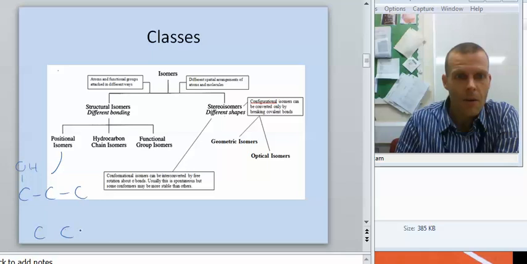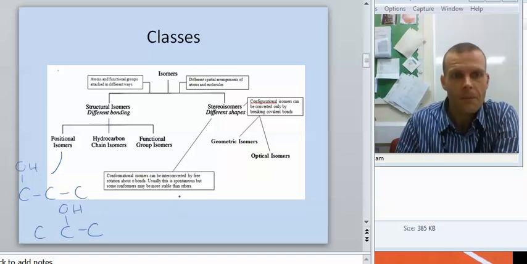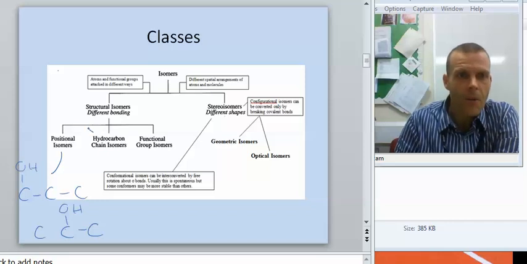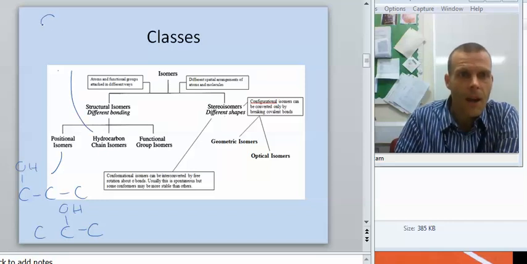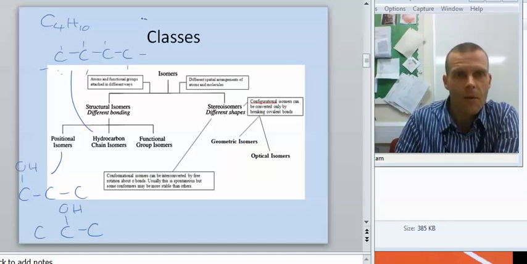If we move that functional group to a different position, it'd be something like that. Hydrocarbon chain isomers, well, examples that we looked at there, if we had formula C4H10, then we could draw that out as a straight chain, or an isomer of that would also be with a branch like that.